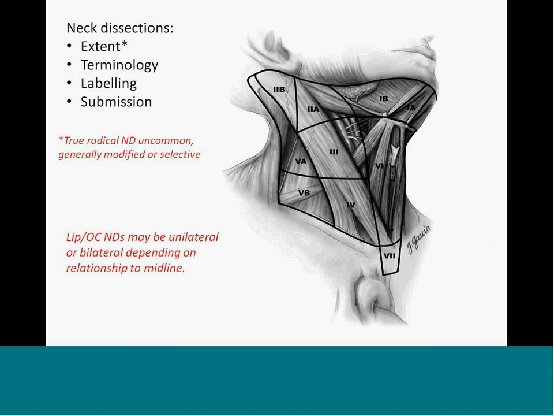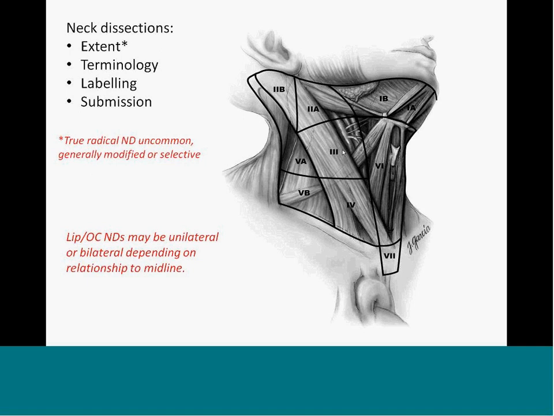Neck dissections. I'm not going into the terminology very much, but it's important to know the levels in the neck, and it's important that they're properly labeled by the surgeons in order to accurately give the indication as to which lymph nodes are involved.